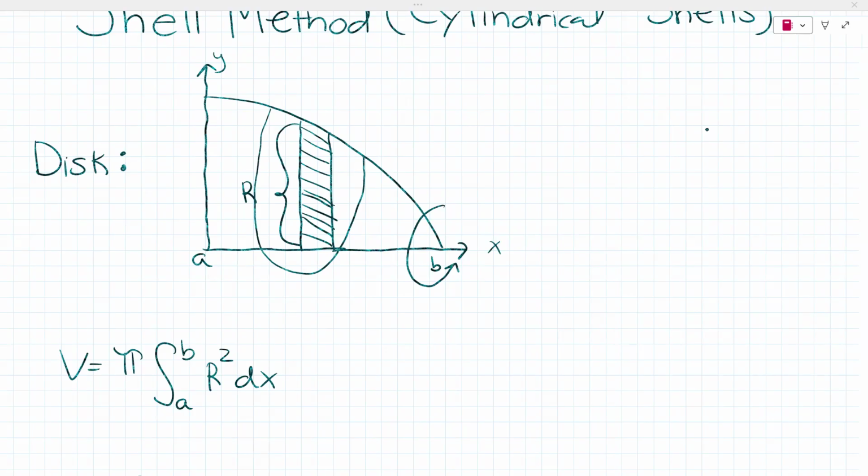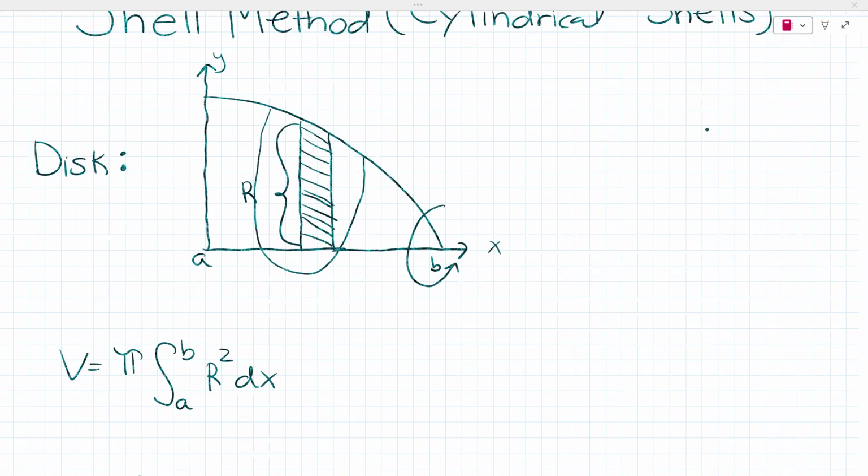Here's an example of a disk. The volume equals pi times the integral from a to b of r squared dx. So with the disk and washer method, you're creating disks, and with the shell method, you're creating cylinders.